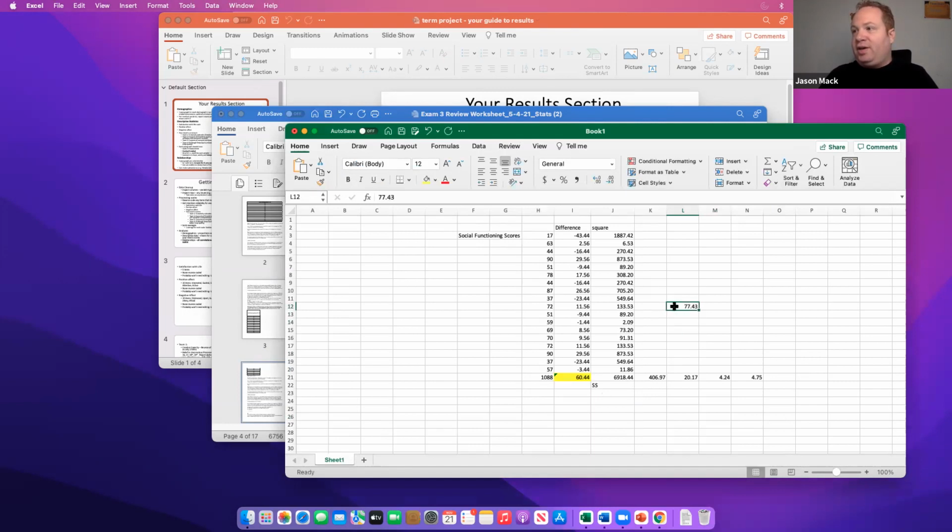And we can just go equals L12, that number, minus 60.44.